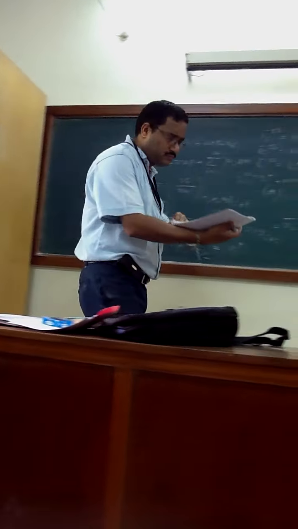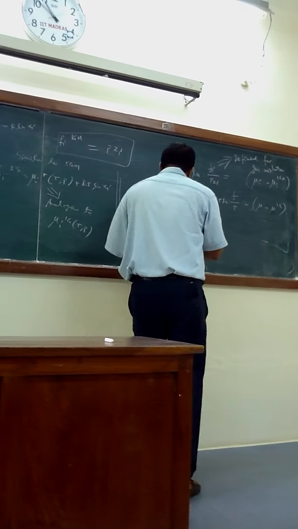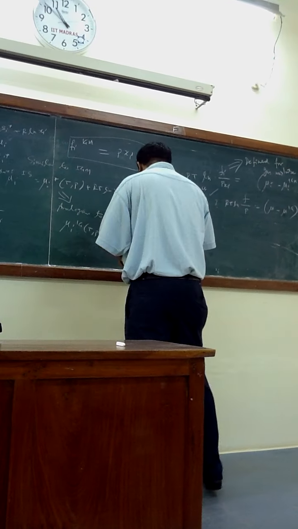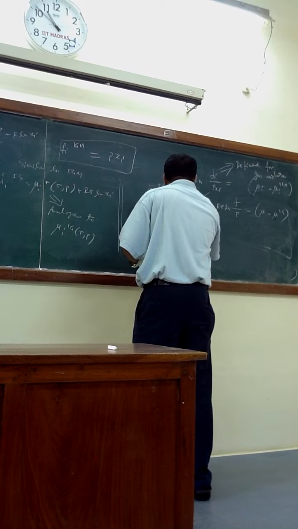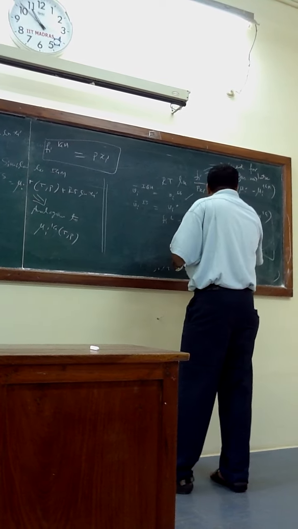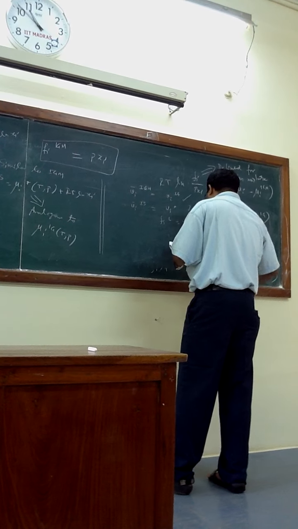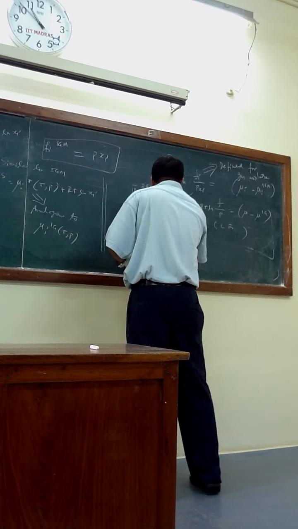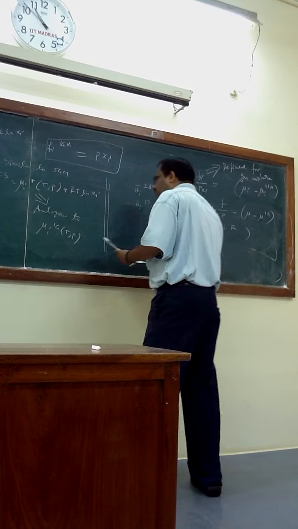So what actually happens? We have f_i^L equals x_i f_i star, the Lewis fugacity rule. Okay. We have f_i^V equals what?